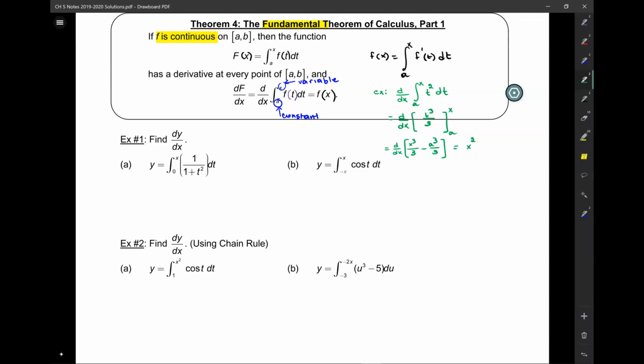That's just a constant, so the derivative of that is what? 0. So I just get x squared back. You see that? I took an integral of t squared, then I took a derivative of it, and I got the same function, but the independent variable has now changed.